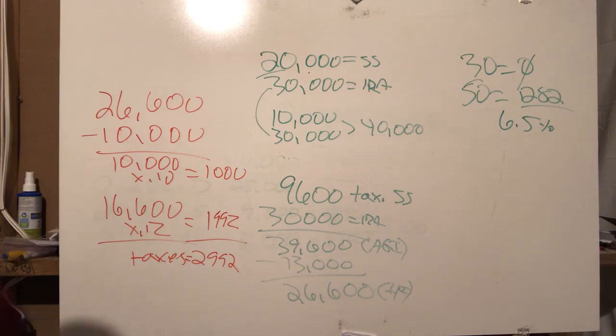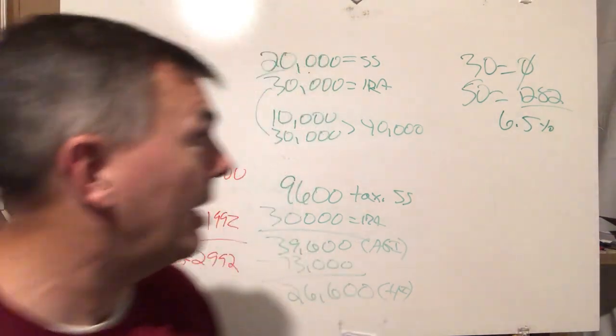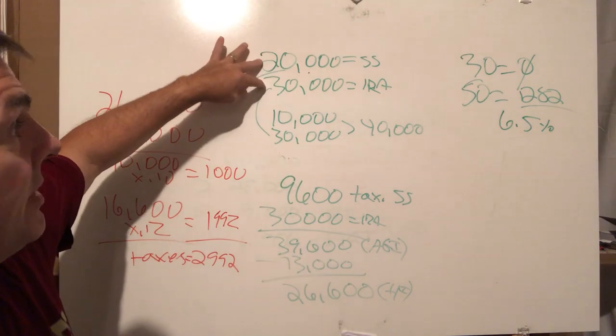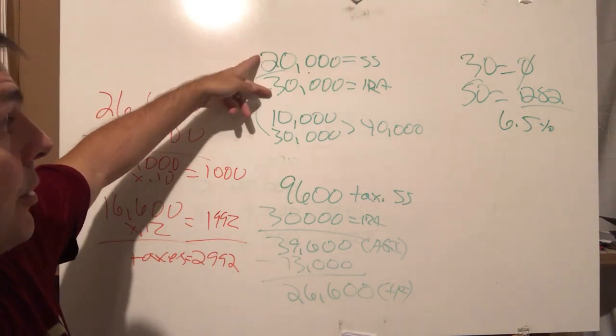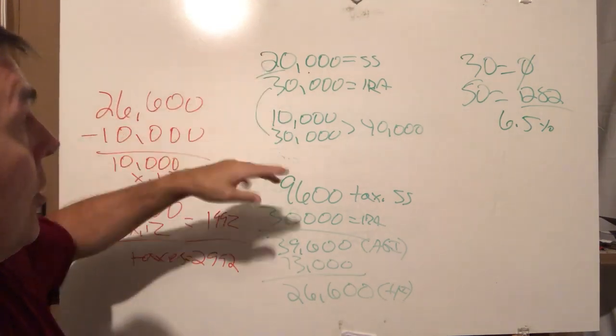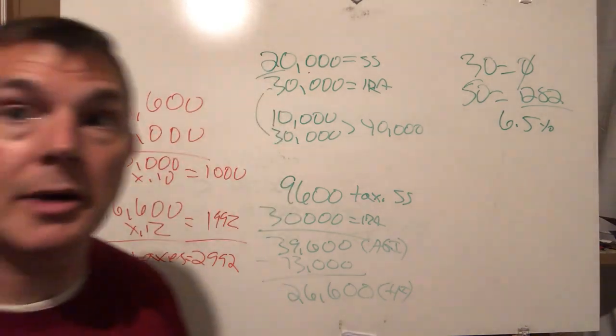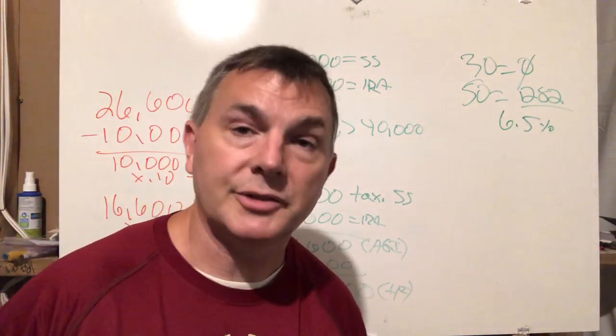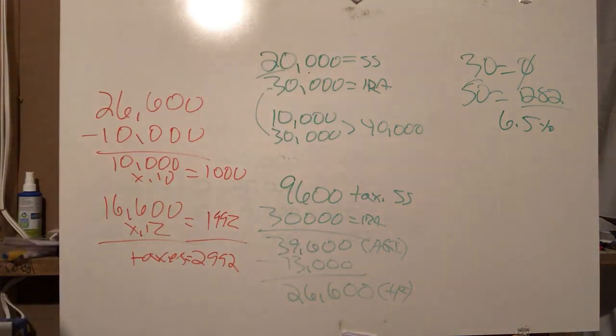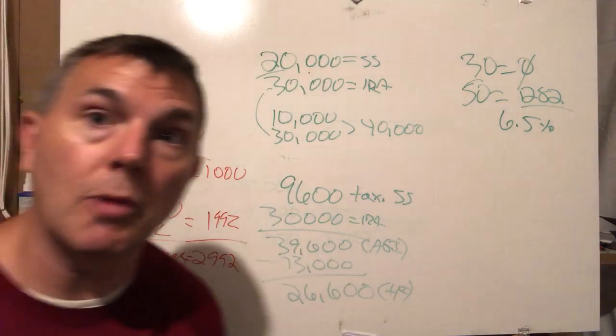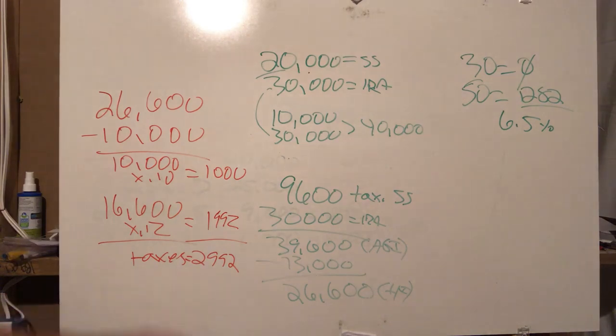She paid three times as much in taxes on the same amount of money simply because she had $20,000 from Social Security and $30,000 from her IRA. So on that extra $10,000 IRA and reduced Social Security by 10, just for simplicity, it increased her taxes by 300% almost. Tell me that's not crazy.